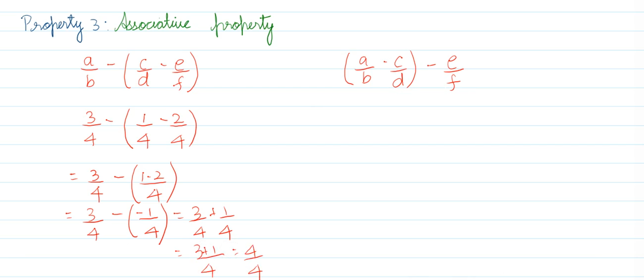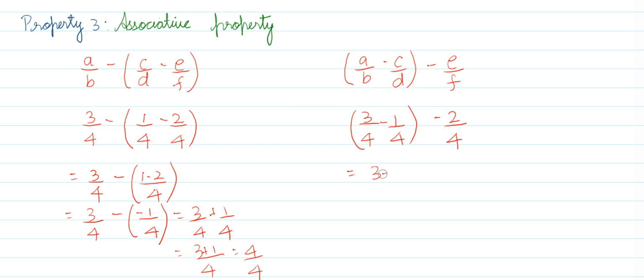So now let's check this one. 3 by 4 minus 1 by 4 minus 2 by 4. So again, according to BODMAS, the bracket should be broken down first.